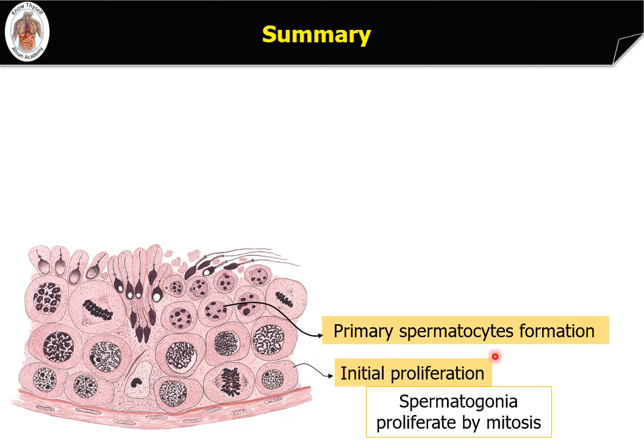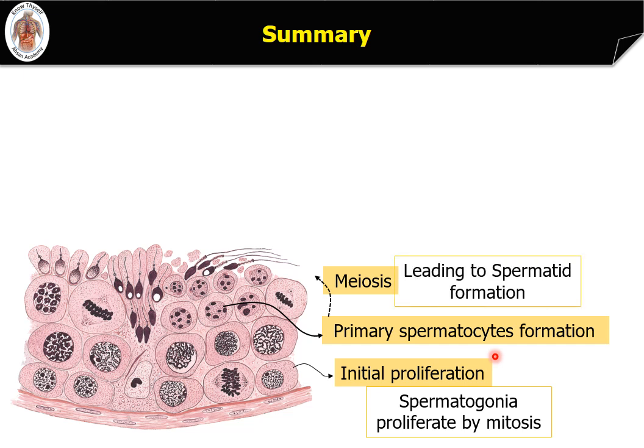It is simply differentiation, and when primary spermatocytes are formed, each cell undergoes meiosis, and by meiosis spermatids are formed. A number of spermatids are formed and come to the luminal surface, showing gradual changes or differentiation.